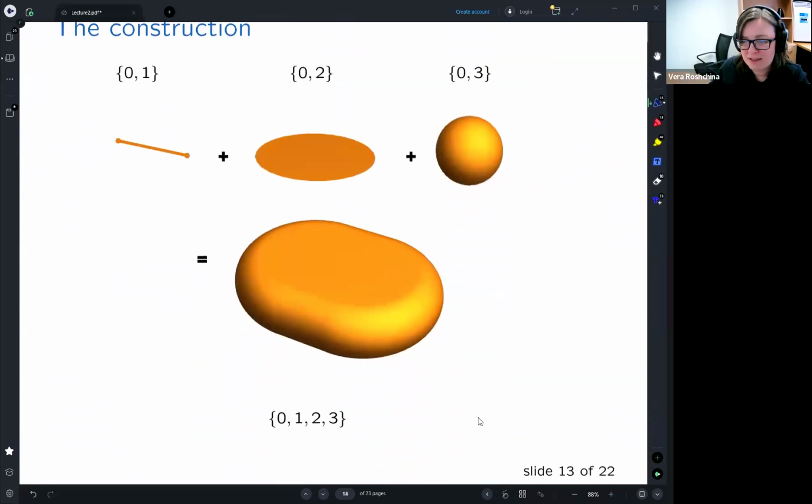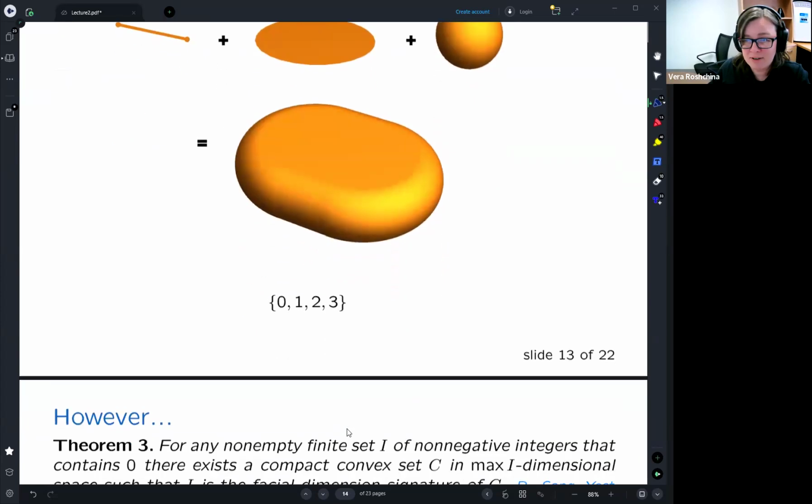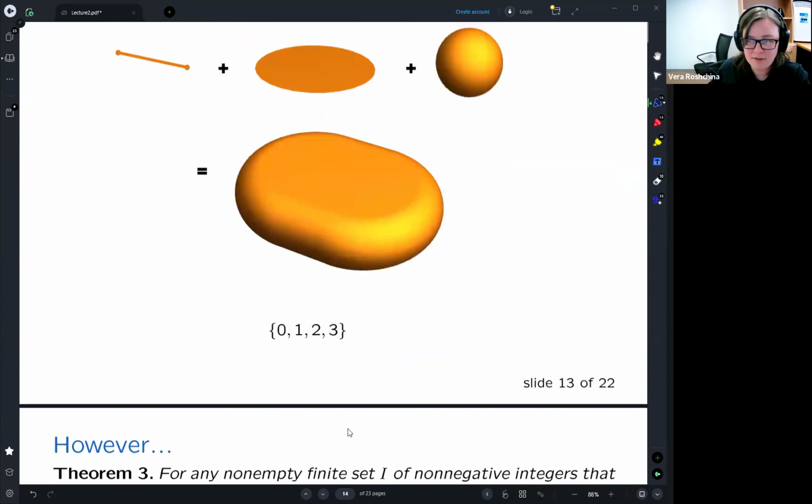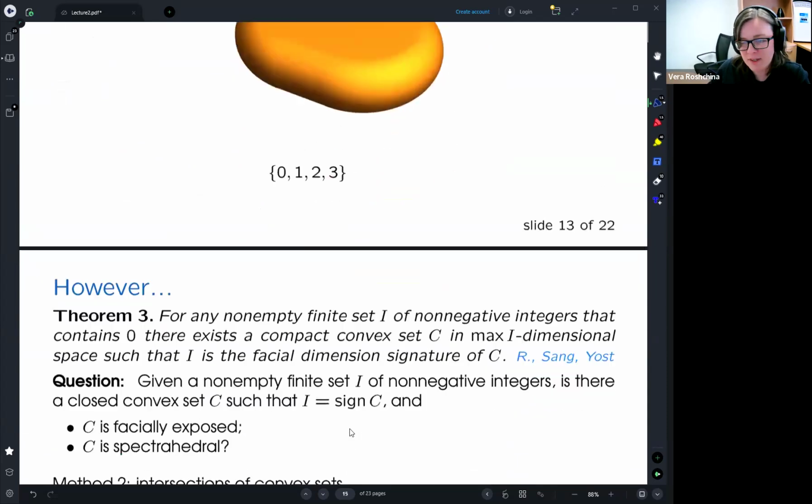So I can obtain an object with this facial dimension signature, even though it cannot be obtained from a polytope. This construction allows me to get any kind of sequence. So that is a way to use Minkowski addition to solve a more theoretical question.